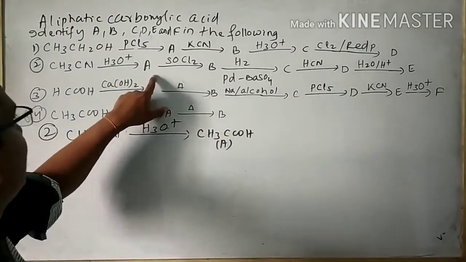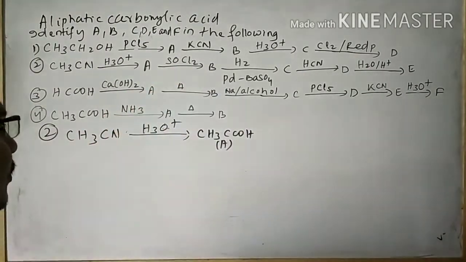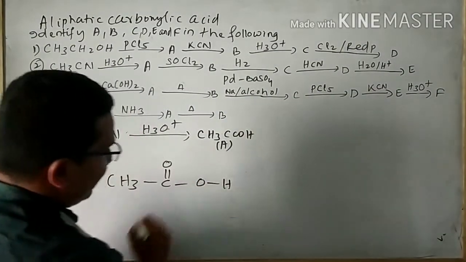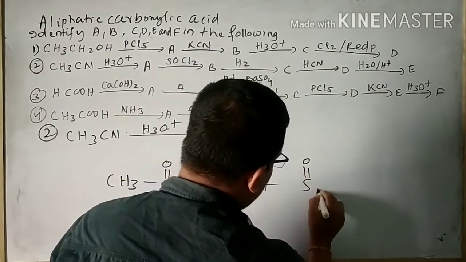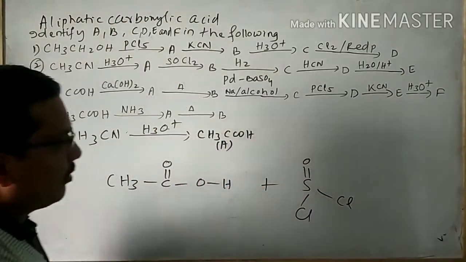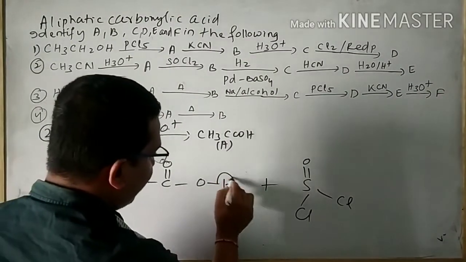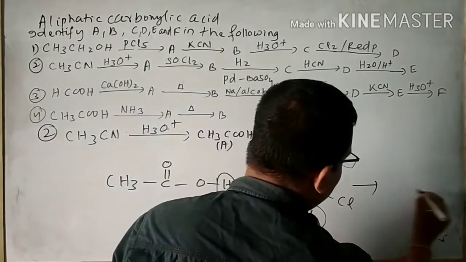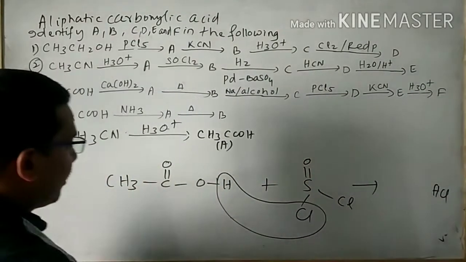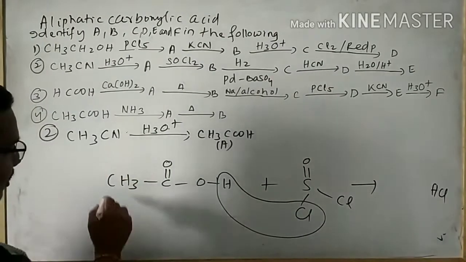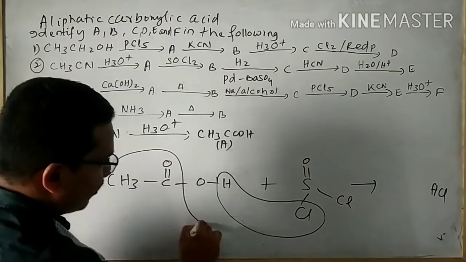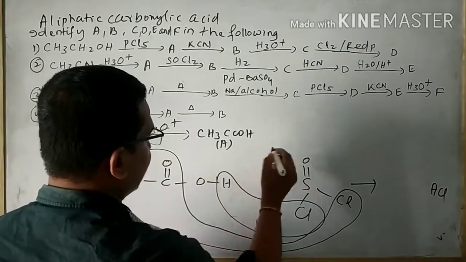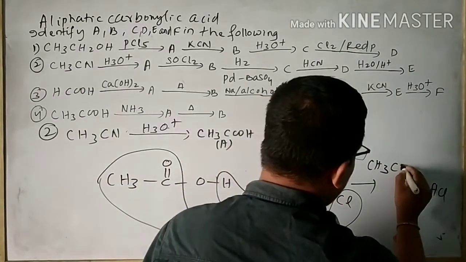This is the trick, or you can think about the mechanism of this reaction. Now the A product is subjected to reaction with SOCl2. This is the structure of acetic acid. This is the structure of SOCl2. One hydrogen atom and one chlorine atom combine with each other and form a byproduct, HCl. And the rest, this CH3C double bond O, will combine with a chlorine atom to form the acid chloride CH3COCl.